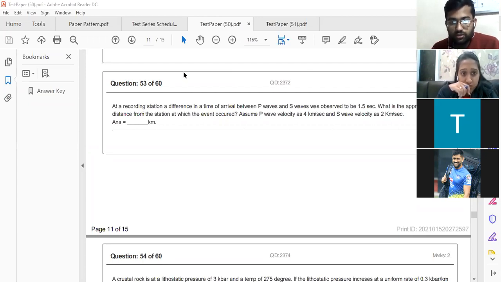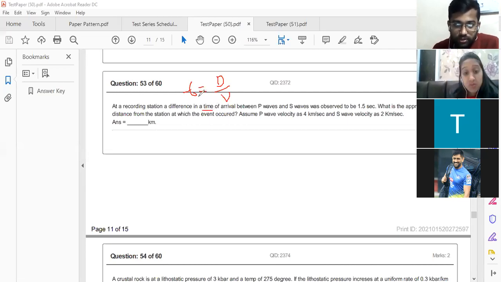Speed is equal to distance upon time. If you need to calculate time, then time is equal to distance upon velocity. So the difference in time of arrival.